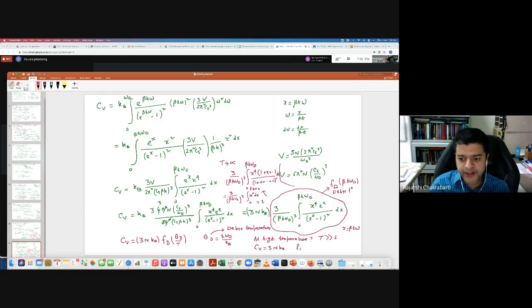Because fd, if I have an argument like y, high temperature means y goes to 0, then fd is equal to 1. And this is your Dulong and Petit's law.